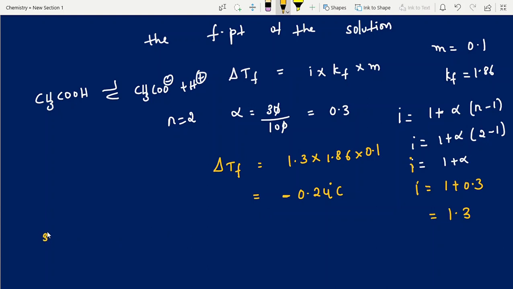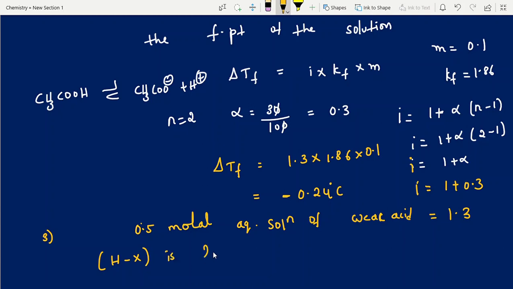Question number 3. A 0.5 molal aqueous solution of weak acid, again they mentioned weak acid, HX in brackets, is 20% ionized.